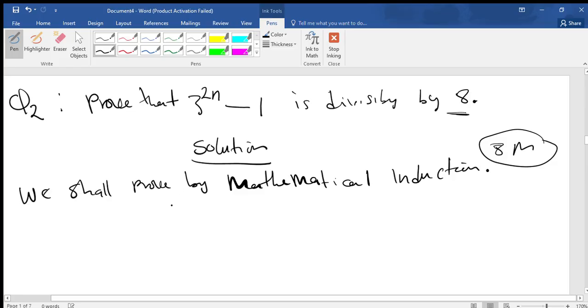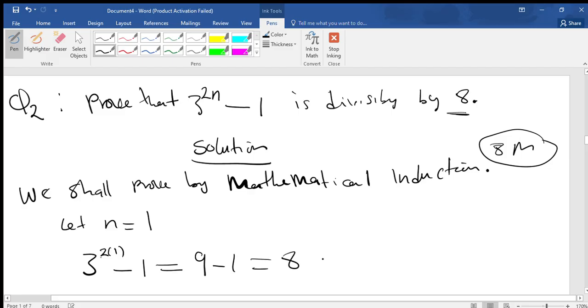So if we are proving by mathematical induction, first thing is let n be equal to 1. So what are we going to have when n is equal to 1? We're going to have 3 power 2 multiplied by 1, minus 1, which should be equal to what? This is just as good as 3 squared, 9 minus 1, which is equal to 8.